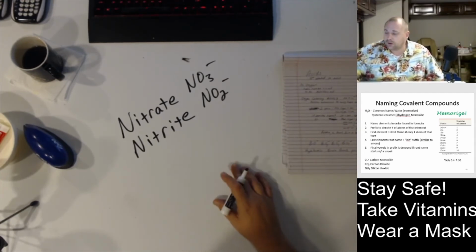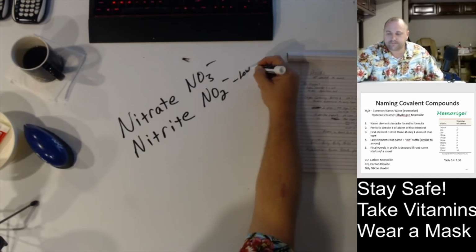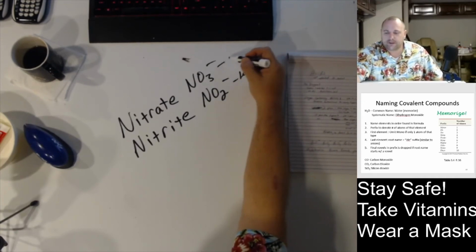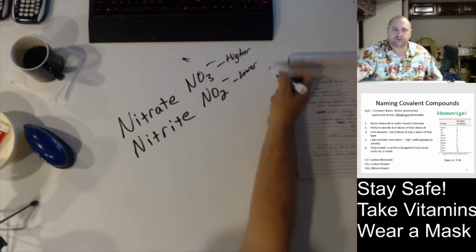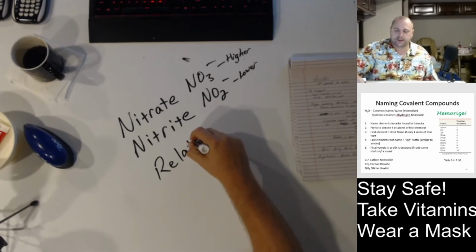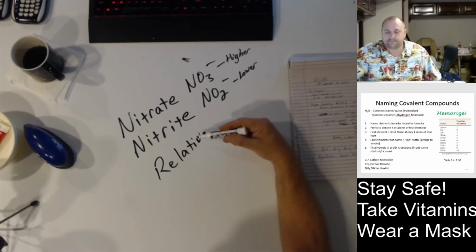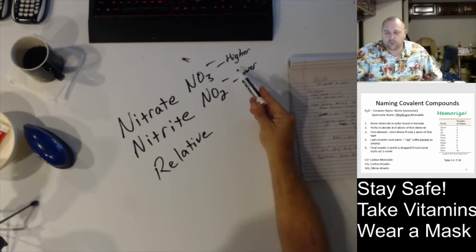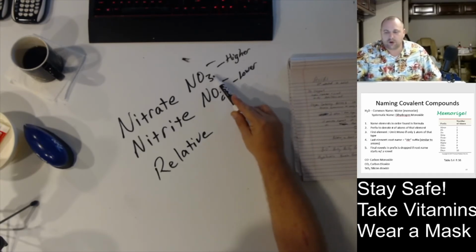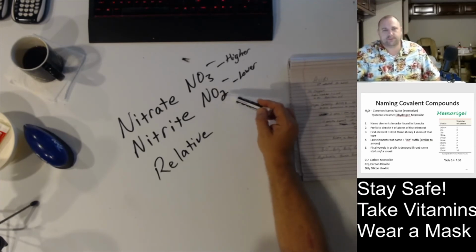And so the one that has the ite is our lower number of oxygen, and the one that has an ate is the higher amount of oxygen. So it's a relative system, kind of like the ic and the ous system. And so the way that you have to be careful, it's not that it's a 3 and a 2, it's that it's more than this one.